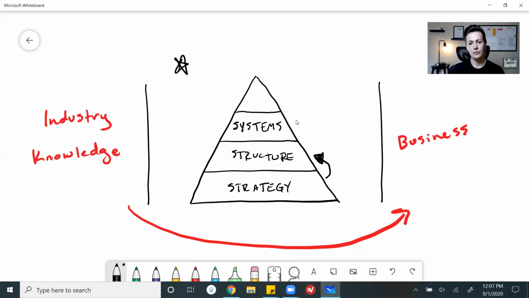Now, our systems are basically what makes the app work. What's all the logic going on behind the scenes that's making the app work? There are a couple things that you want to think about when you get to this level.